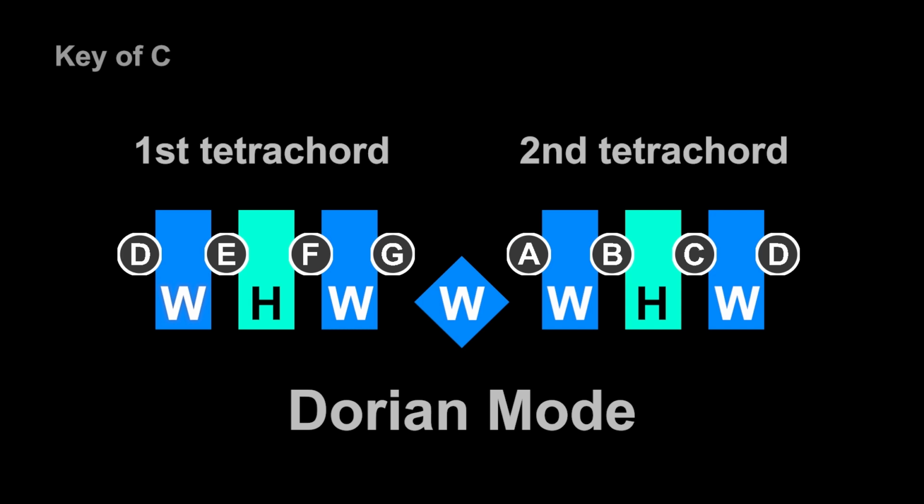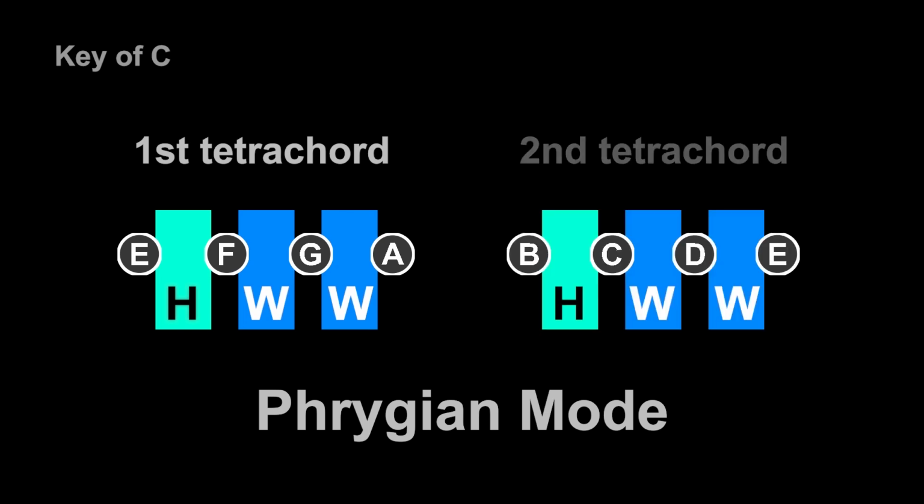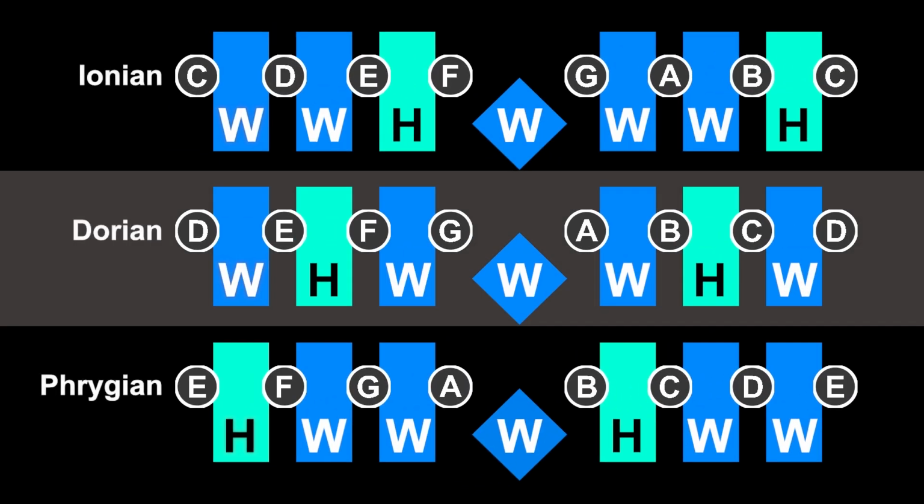And if we look at the third mode, Phrygian mode, you see that it is half step, whole step, twice, with a whole step in between the two tetrachords. That's 3 of the 7 modes, each of which has duplicate tetrachords within it.